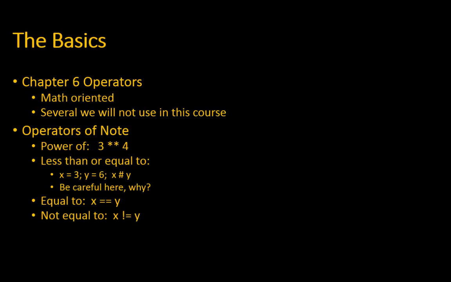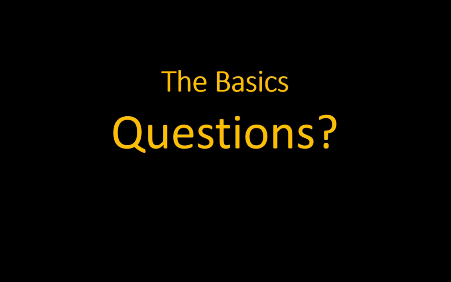And one more, when we want to indicate that a value is not equal to another value, we use the exclamation point and the equal sign. Take some time to review these operators and get familiar with them. Python is just slightly different than some of the other languages you may have experienced.